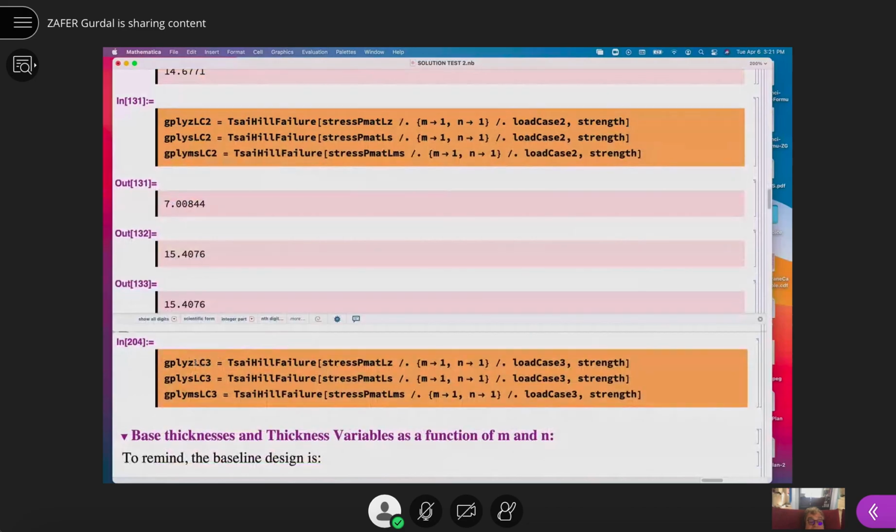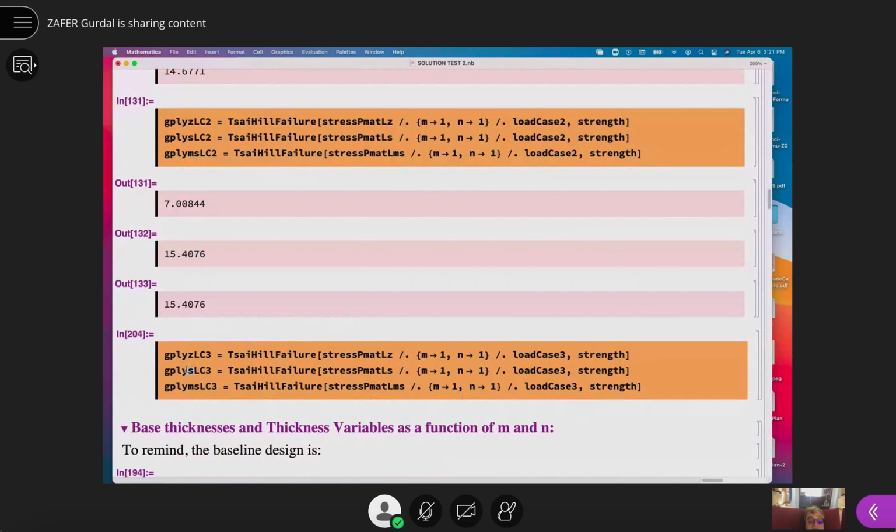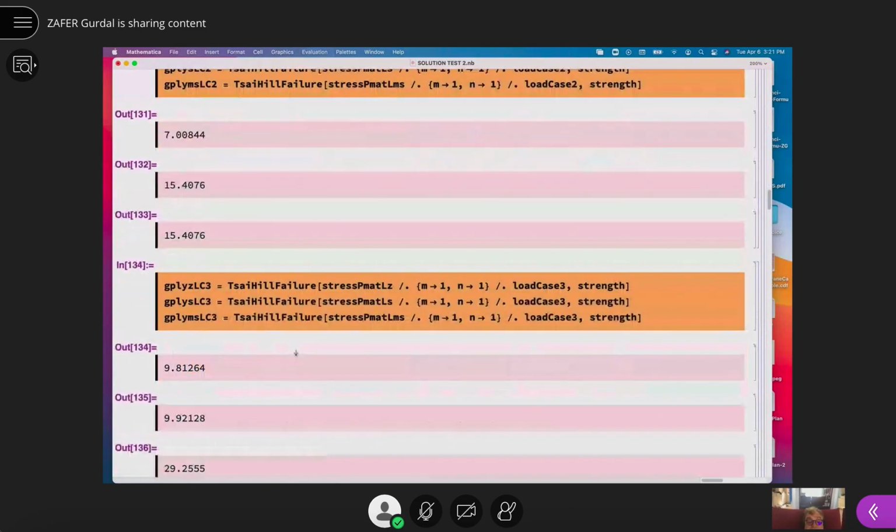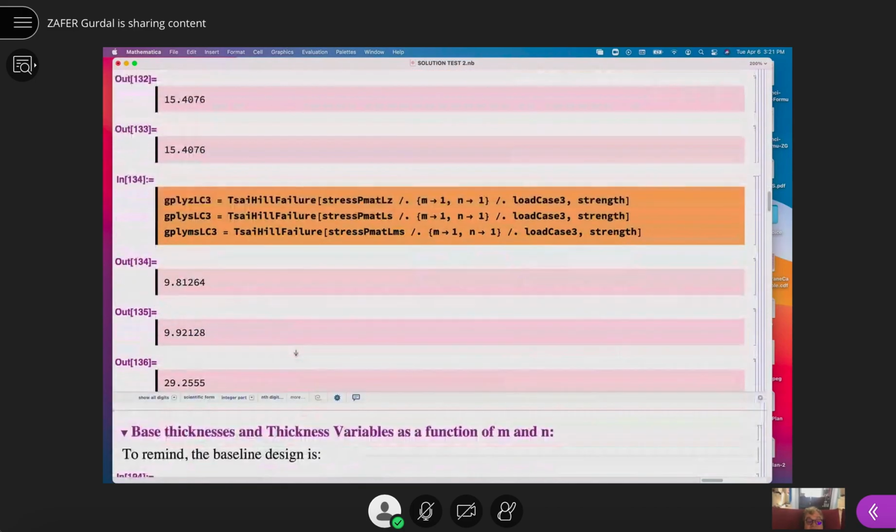And the third load case, G ply 0 degree, again, G ply 60, G ply minus 60. So these are, again, violations. And this time, one of the minus 60 is violated the most because there's a shear stress applied as well. So this is the stress analysis, all the way to the evaluation of the failure.